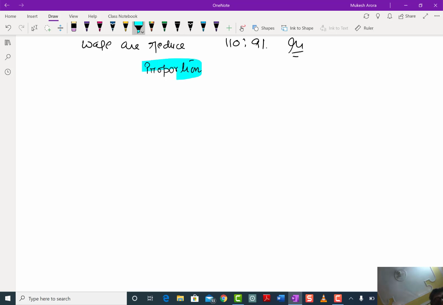Proportion is the comparison between two ratios, like A ratio B ratio C ratio D. Or we can write A by B is equal to C by D. Or we can write AD is equal to BC.